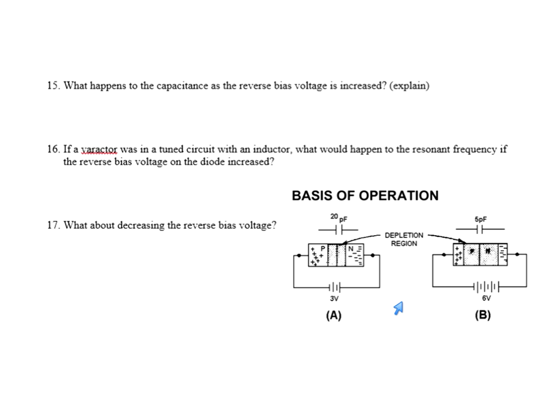So this is correct. Okay. So what happens to the capacitance as the reverse bias voltage is increased? As the reverse bias voltage is increased, I make the depletion region larger. That makes it look like the plates are moved further apart, and I have less capacitance.